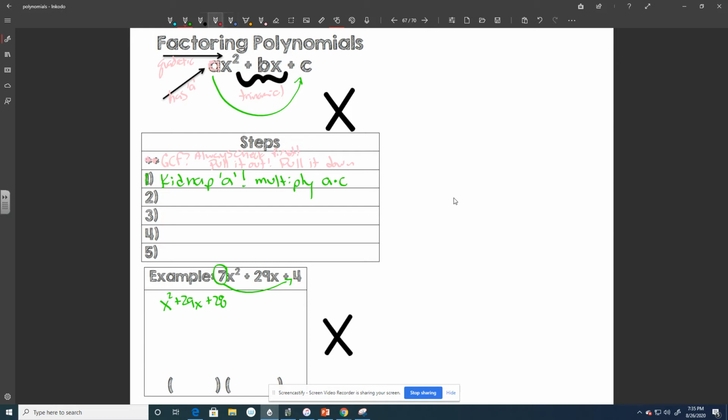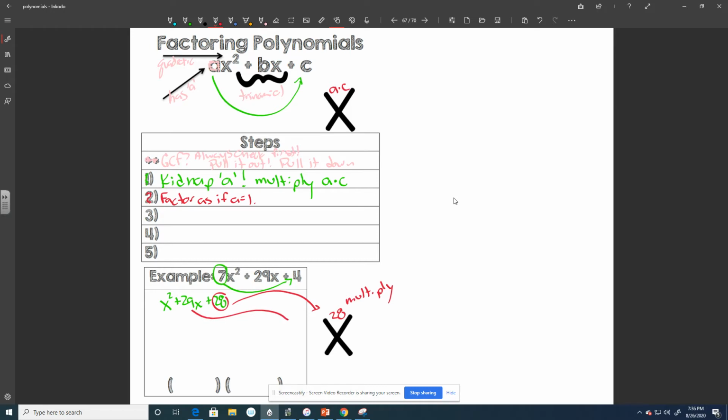So now that we've gotten rid of the a, we can just factor like we did before, as if a is equal to 1. We're going to pretend like we didn't do anything at all. So I'm going to take this 28 and put it up on top. But remember that that's not just c anymore. Now that's a times c on top. We're still going to look for things that multiply to be 28.